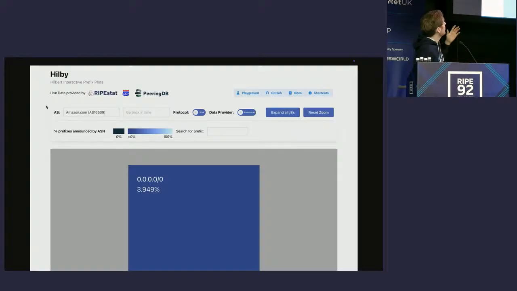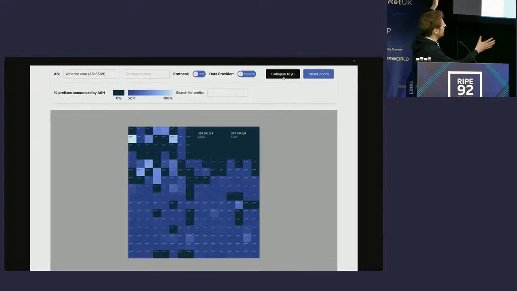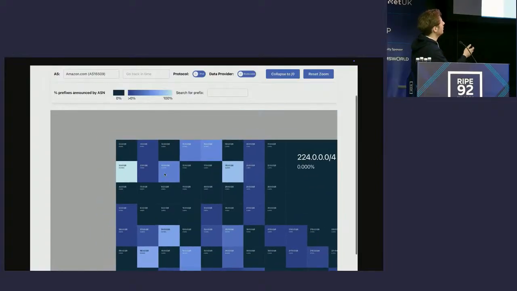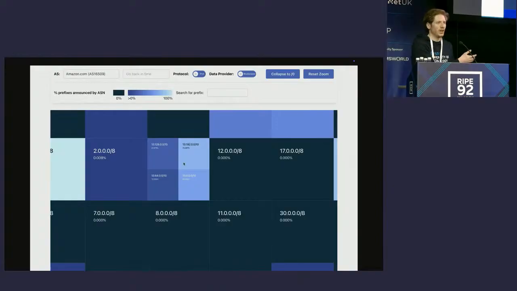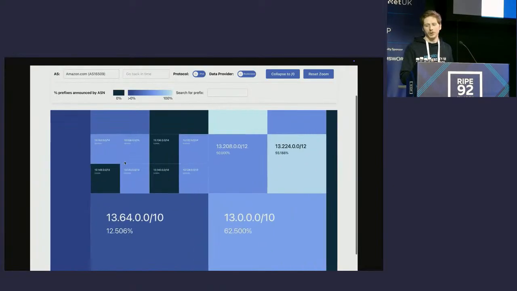So this is the demo page. I'll have a QR code up in a minute. And we can see, okay, this is the full address space. And we can dynamically move in and split up specific areas into higher detail if we were interested in this.